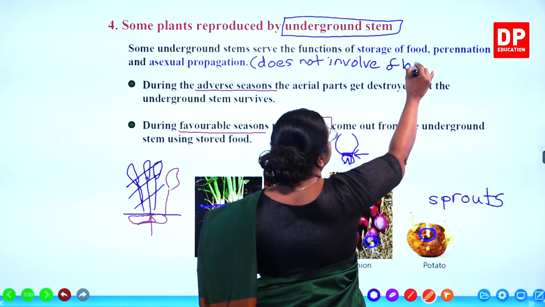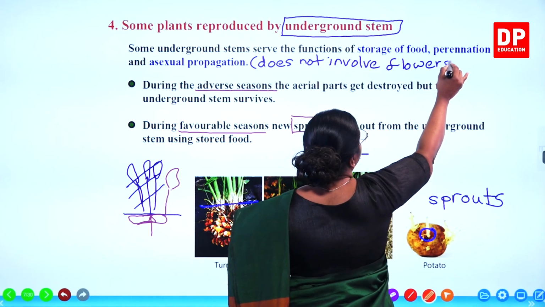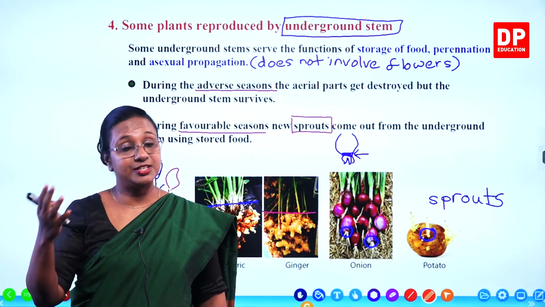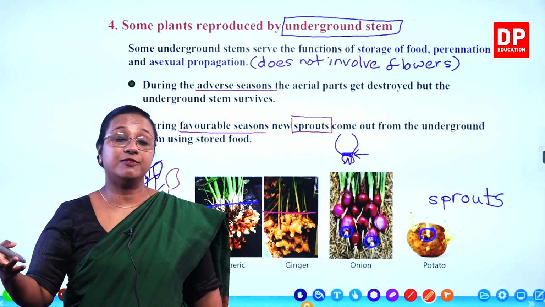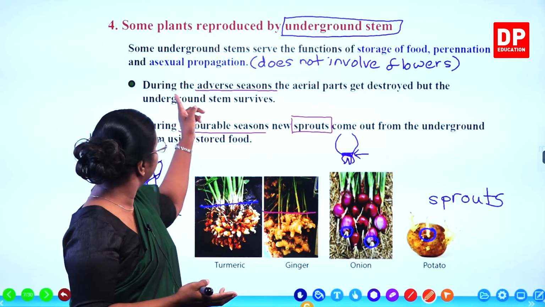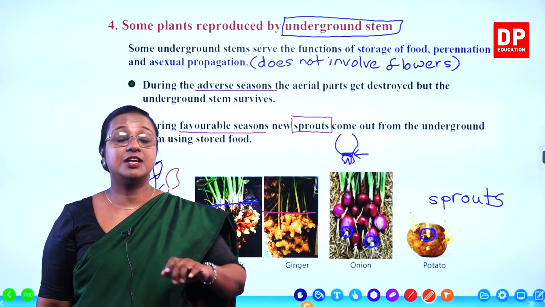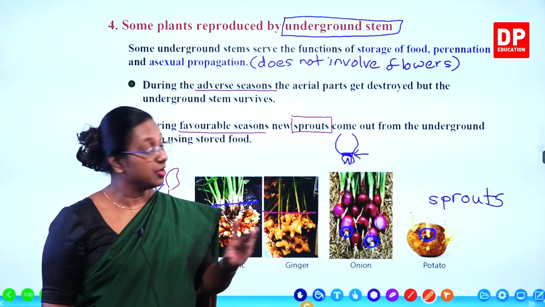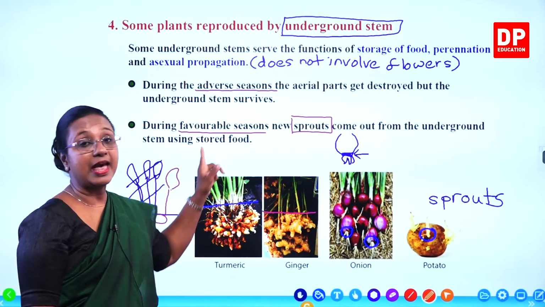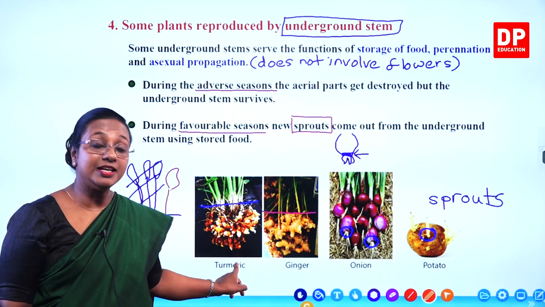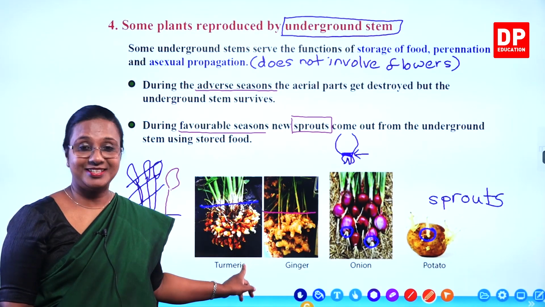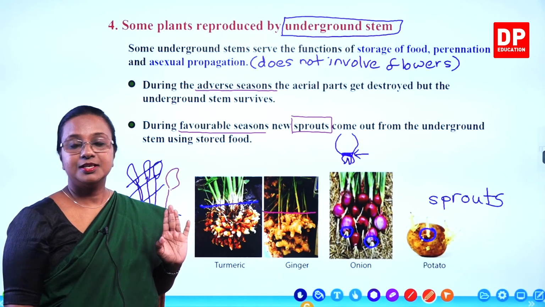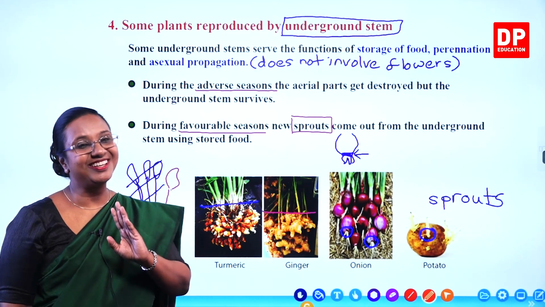Plants can reproduce by sexual reproduction, that is using flowers, forming fruits, seeds, all that. Otherwise, asexual propagation is from other parts other than the flowers. So here it is the stem that propagates, and here it is the underground stem. So did you all understand all these concepts? I am sure you did.